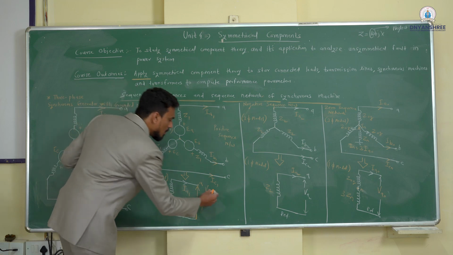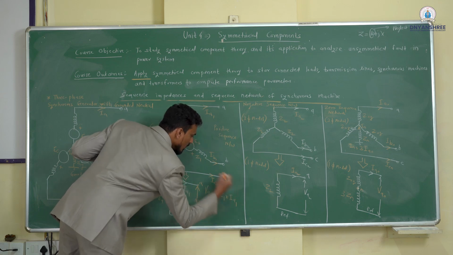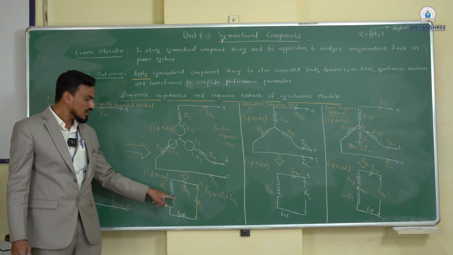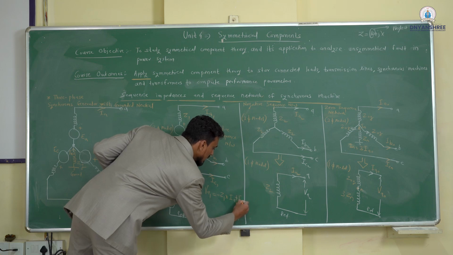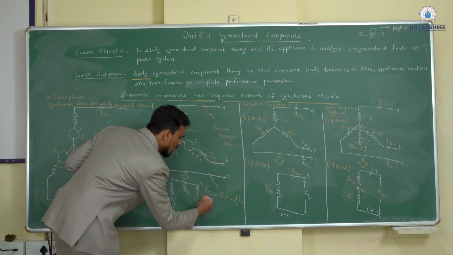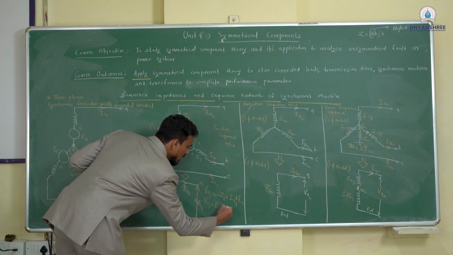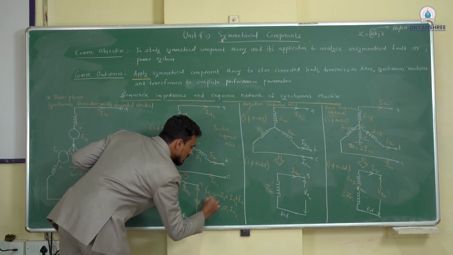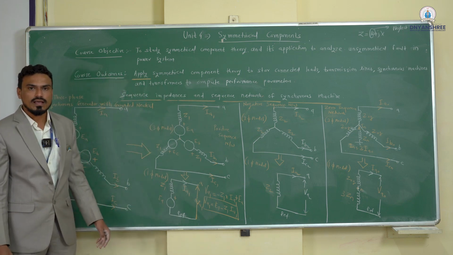The drop is minus Z1 into the respective current IA1, and as we are approaching the positive terminal of EA, plus EA can be added. Or vice versa, I can write VA1 is equal to EA minus Z1 IA1. So this is the equation for the positive sequence voltage.